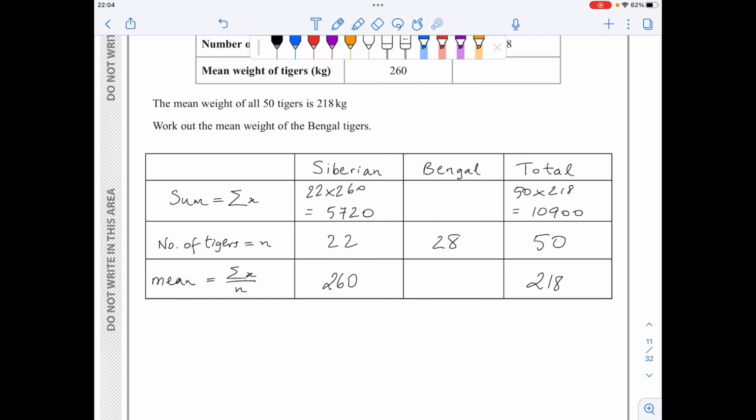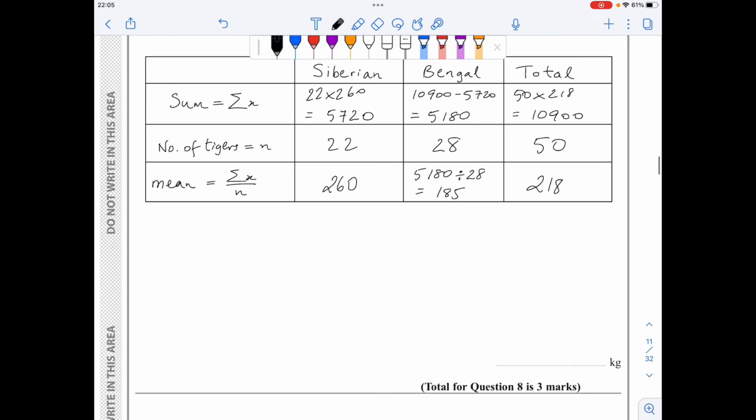So to find the total for the Bengal tigers, I will just subtract 10,900 minus 5,720, and this will give me 5,180. And finally, to find the mean of the Bengal tigers, I'll just do 5,180 divided by 28, and this will give me 185, which is the final answer.